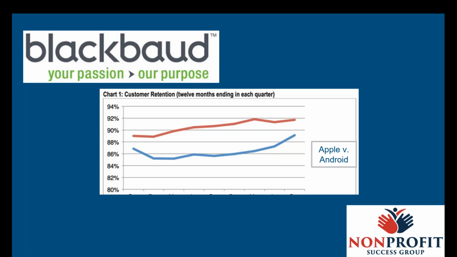Blackbaud, the big guy in our space, only has about a 77% retention rate, and a lot of that is due to Razor's Edge adoption. But compare that to Apple, which has almost a 92% retention rate, and Android is growing.